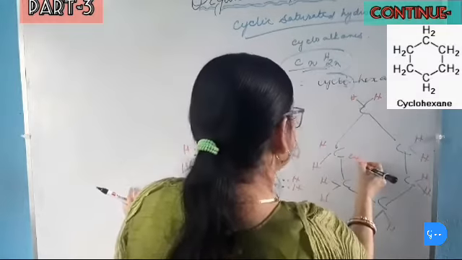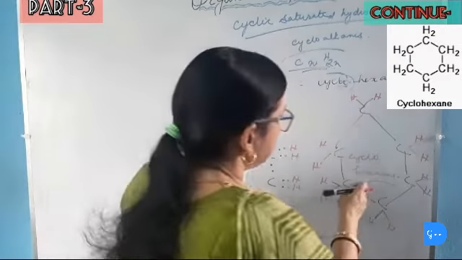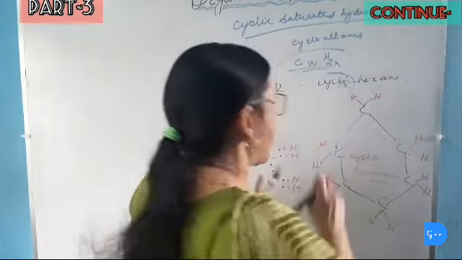This is cyclohexane containing 6 carbon atoms and 12 hydrogen atoms.